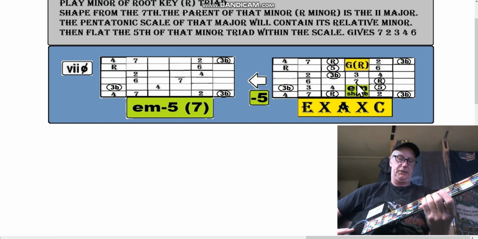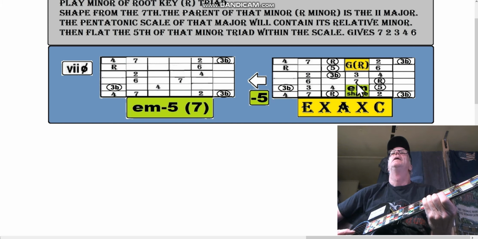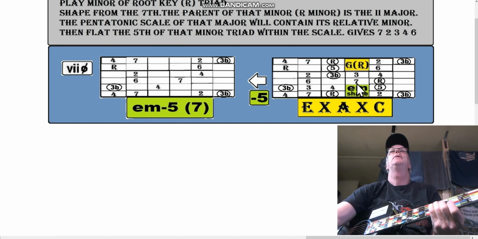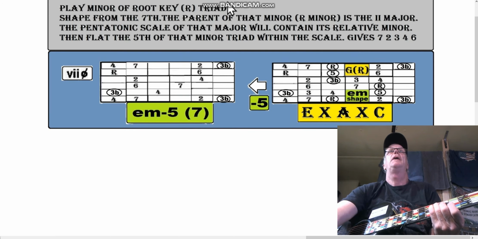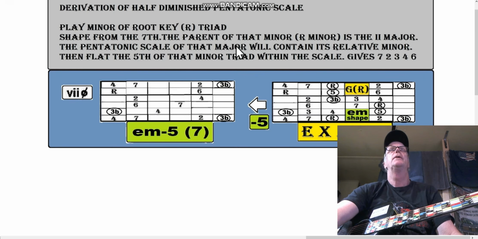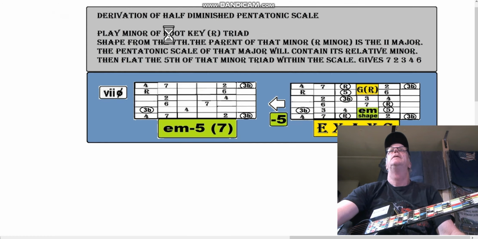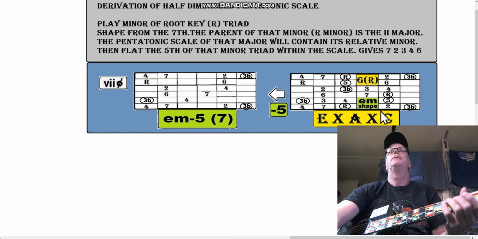This guitar, the strings are starting to raise up, and I have to adjust it. But okay, the first thing you do to derive that, we want to derive that dominant chord.